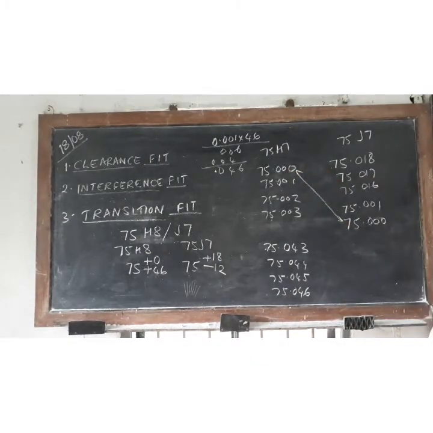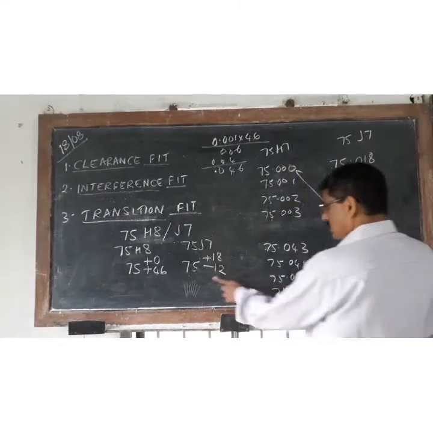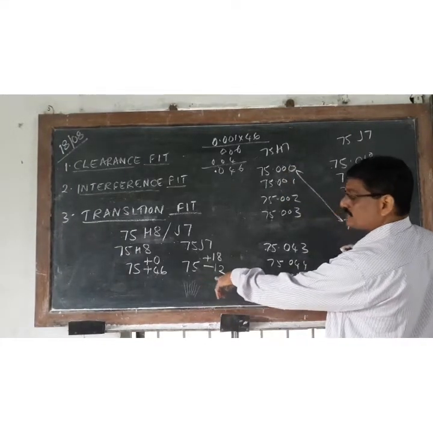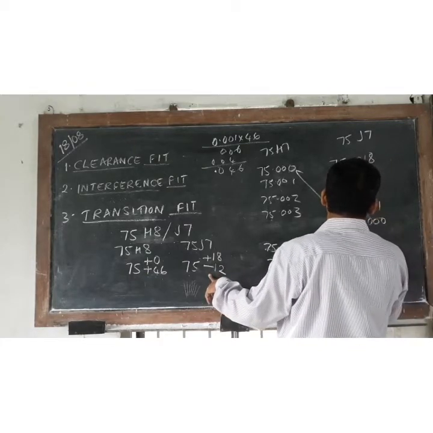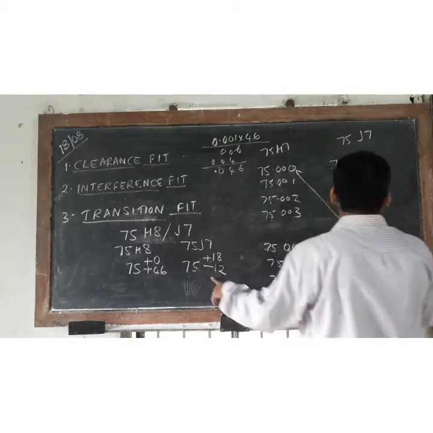Here you see sometimes it is 75. Again now you see it is coming on the minus side, minus 12 microns. So next it becomes 74.999.